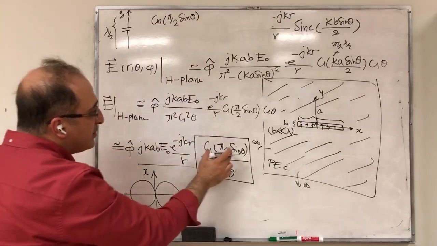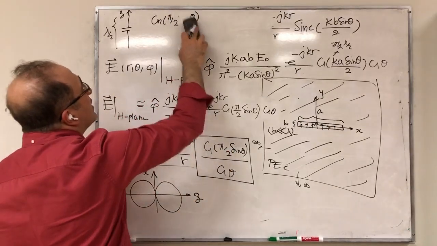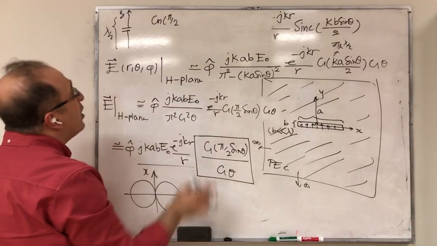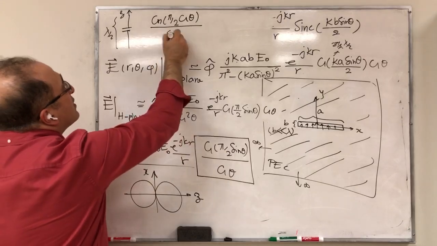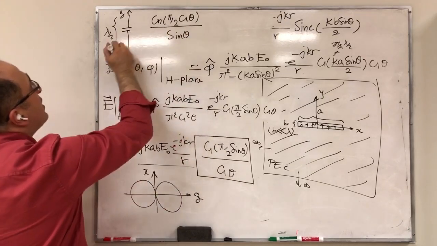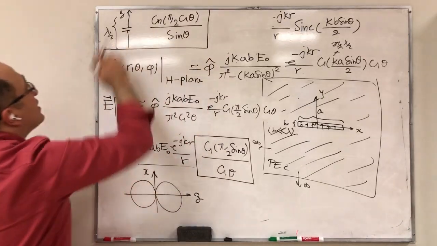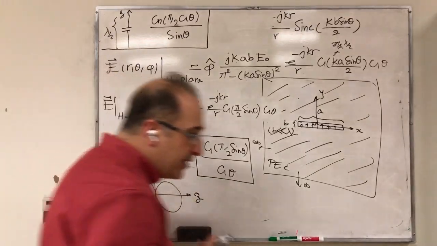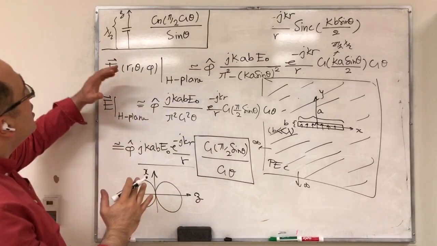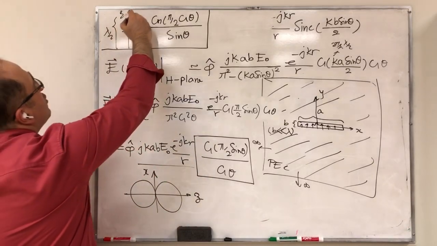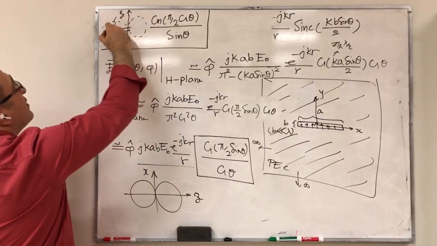Sorry, in the textbook it would be cos pi 2 cos theta divided by sine theta. That would be the pattern for a half a wavelength dipole along Z. Let me check that. It's cos pi 2 cos theta divided by sine theta. Yes, this is going to be the pattern, and you get your donut shape like that.